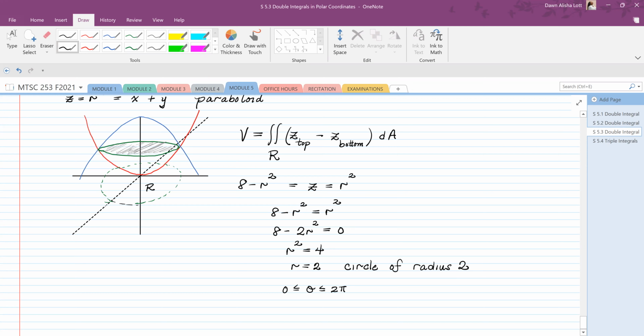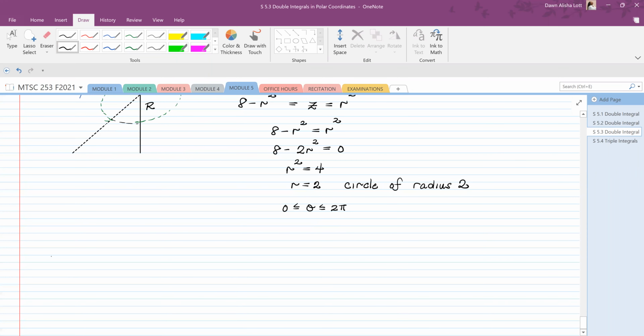So therefore, my volume: theta goes between 0 and 2 pi, and r goes between 0 and 2. Z top, the thing on the top, is 8 minus r squared, minus the thing on the bottom. And then I still have r dr d theta.